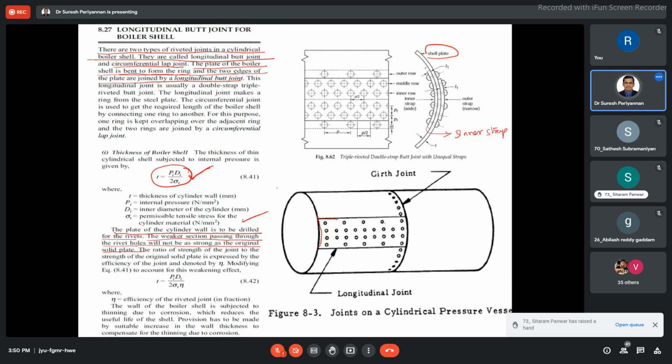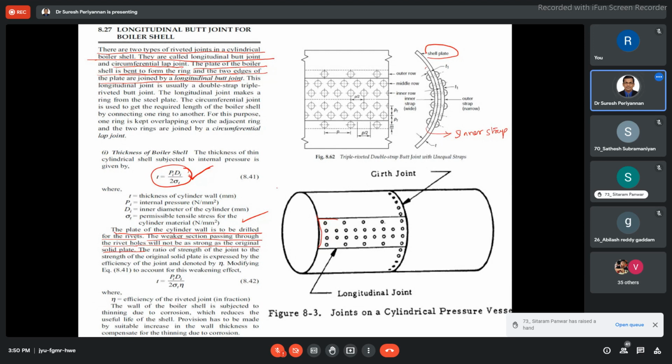When I introduce holes through the plate thickness, the plate loses its strength. Compared to the original solid plate, the solid plate of thickness t is much stronger, that is, without holes, but with holes the strength is going to be reduced. Hence I introduce efficiency to increase the thickness of the plate.